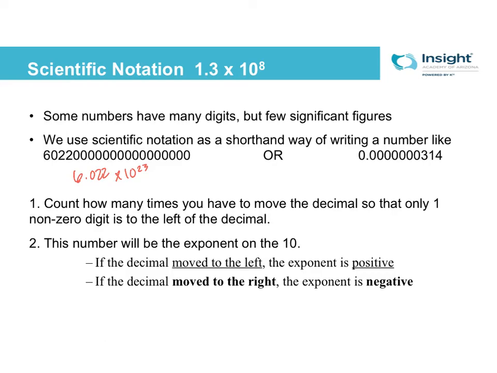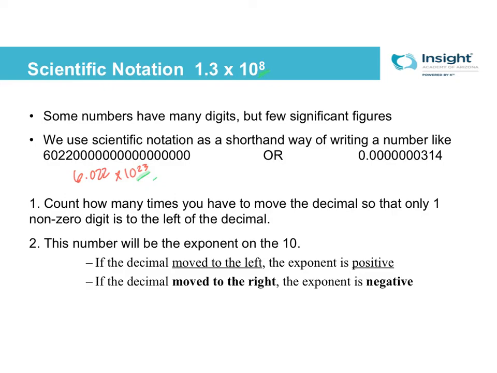So the rule with significant figures is the exponent, the superscript number, the 23, the 8, that tells you how many times you moved your decimal point.